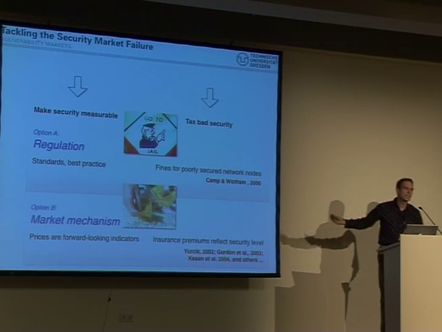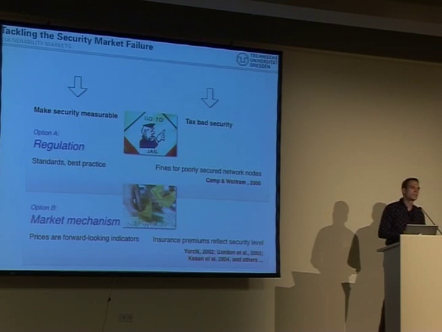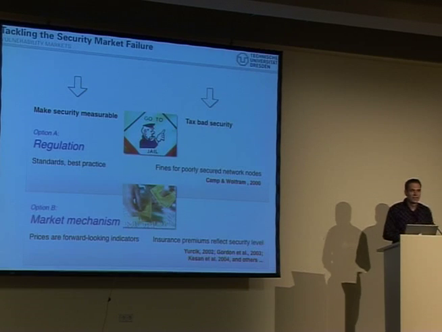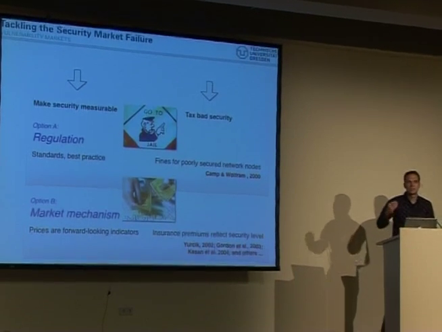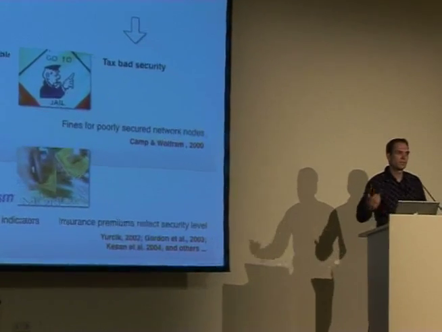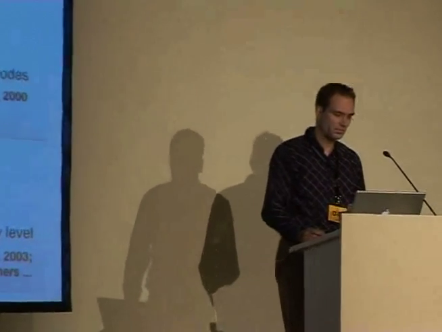And in the taxing-backed security column, you see that, for example, if you consider cyber insurance, so you can buy insurance policies against cyber threats, then the premiums of insurance could be adjusted by the level of security installed and basically give you feedback and an incentive to invest in proper security.